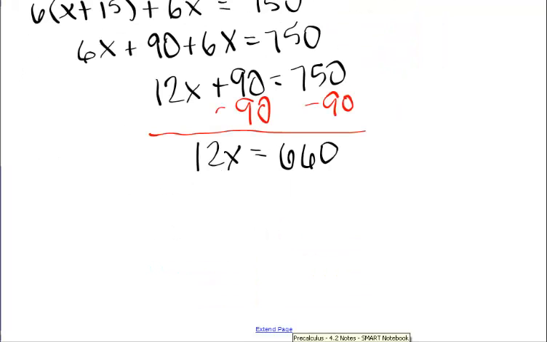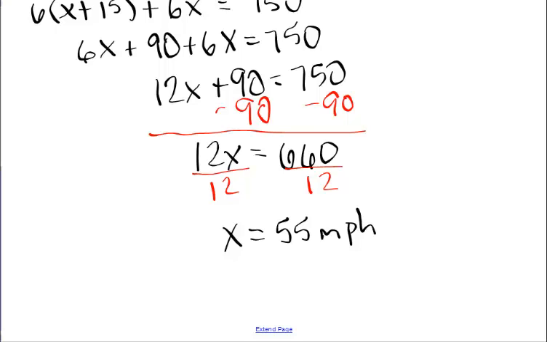And then divide everything by 12. And I believe, unless I punched it in wrong, x should be 55 miles per hour.